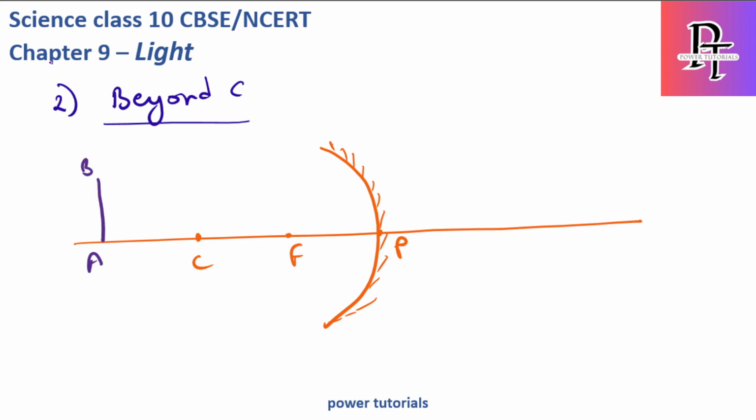Now let's draw the incident rays. Mostly we will choose either focus or center or pole because we know how all the reflections will happen. The first ray, I will take one line which is parallel to the principal axis. So if it is parallel to the principal axis, I know the reflection will be passing through focus.